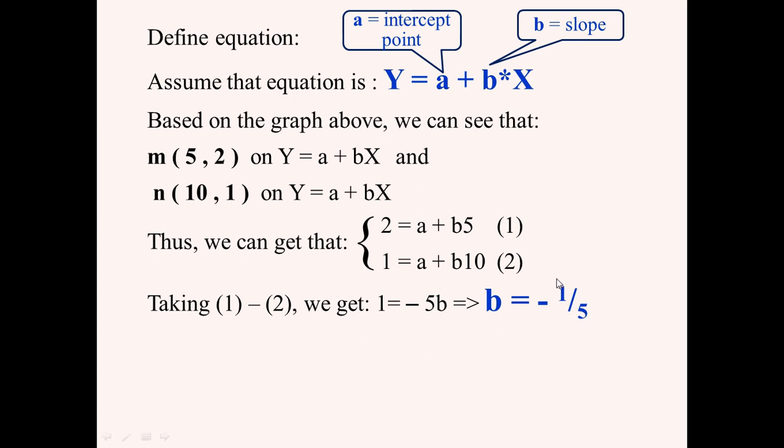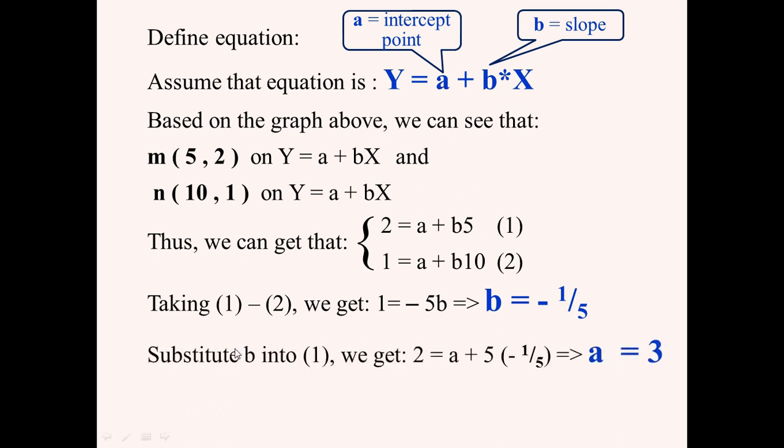It's a little bit easy. When you have B, you know the slope already. Now find A. Substitute the B that we just found into equation 1 or equation 2. I prefer equation 1, so I substitute B into equation 1: 2 equals A plus 5B, and B is minus 1 over 5, so I get A equal to 3.